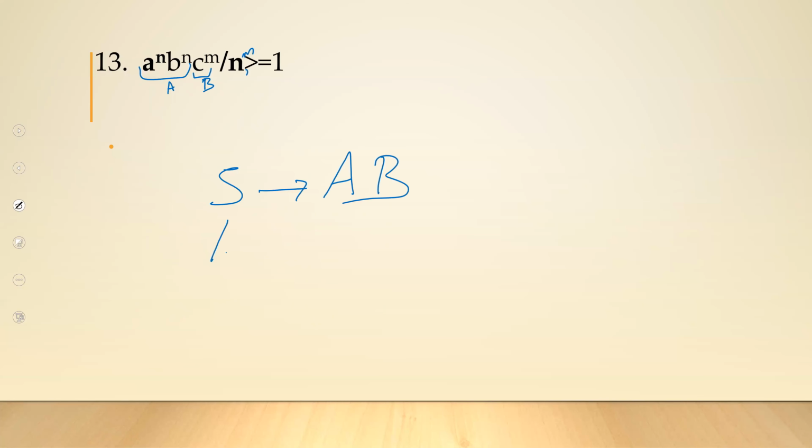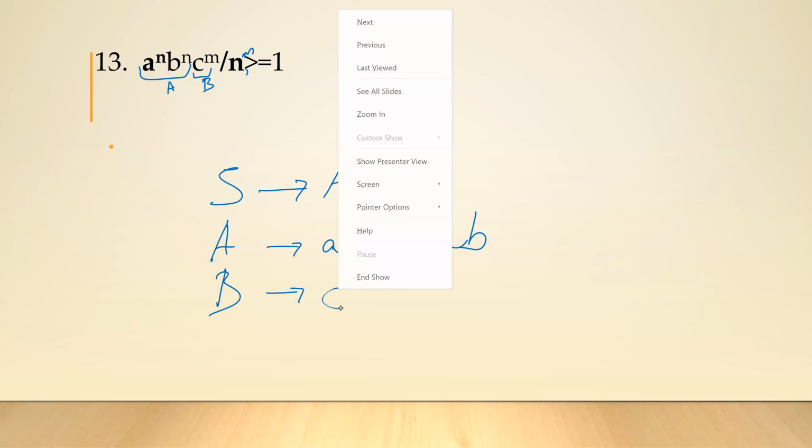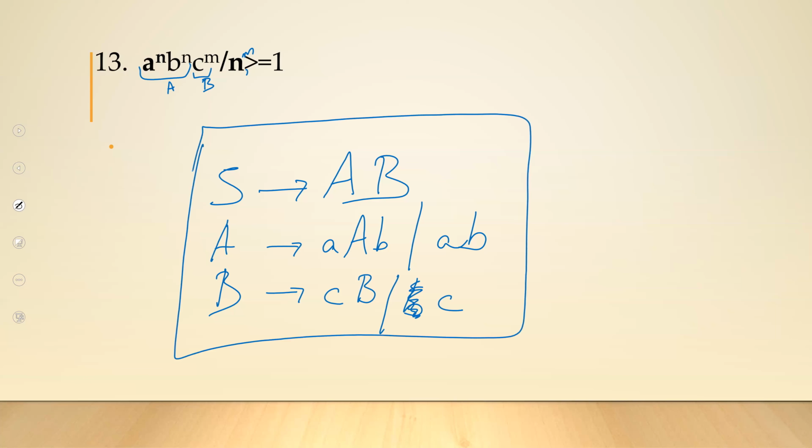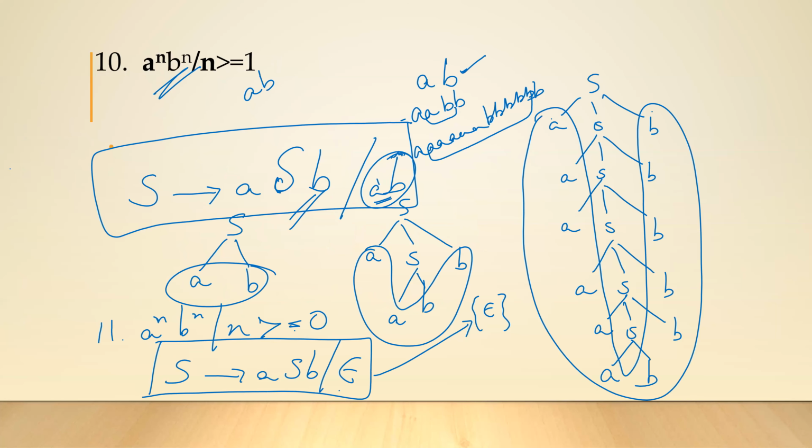What is my A? A I already know. It is A A B or AB. What is my B? I got my B just in the previous one. So B is nothing but CB or C. This portion I took from my previous formula, directly from this formula.